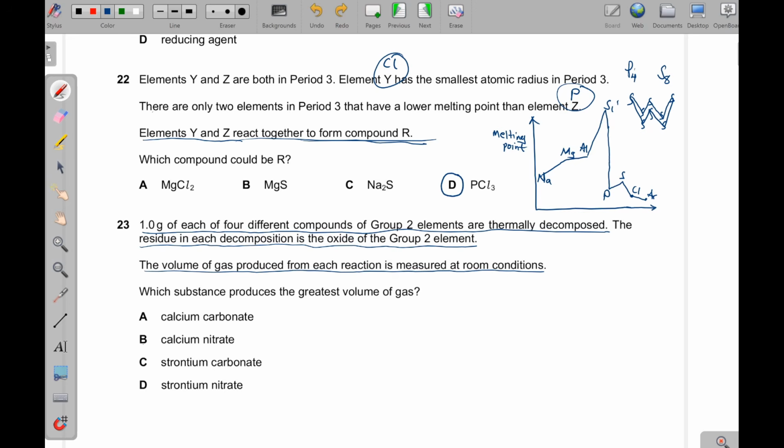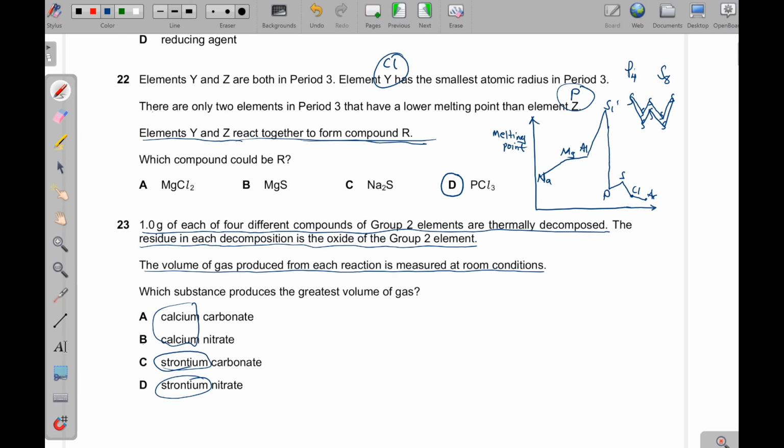Now, what do we do here? When you go down the group, the thermal stability decreases. That means at room conditions here, we are going to have what we have here, strontium and calcium. Down the group, the thermal stability, I mean increases.